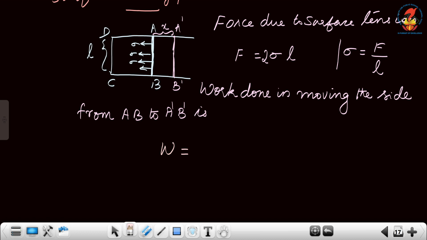So W is equal to F into x, which is equal to 2L sigma x.